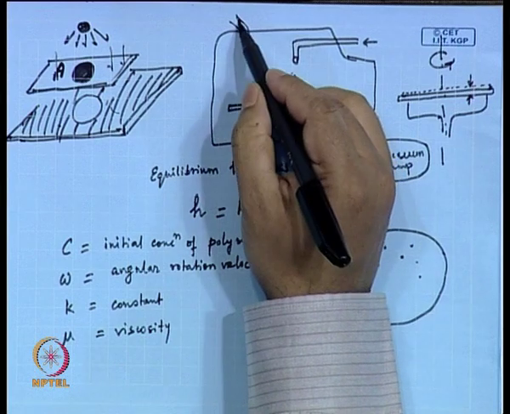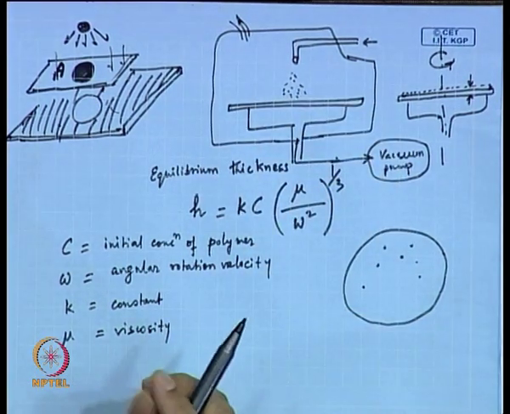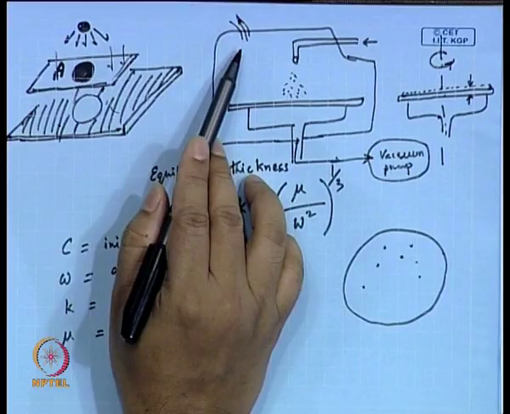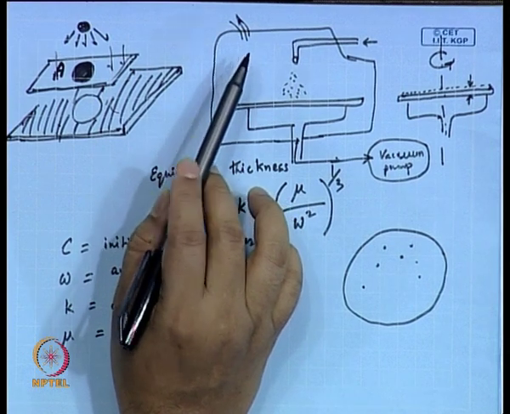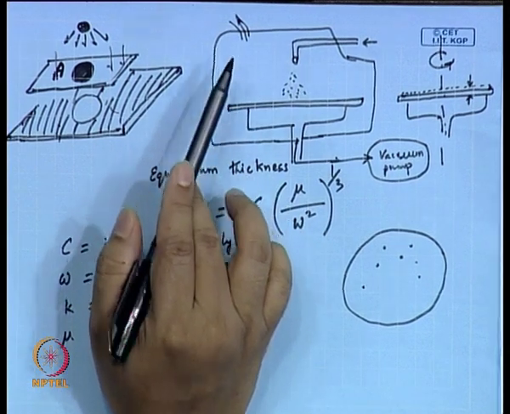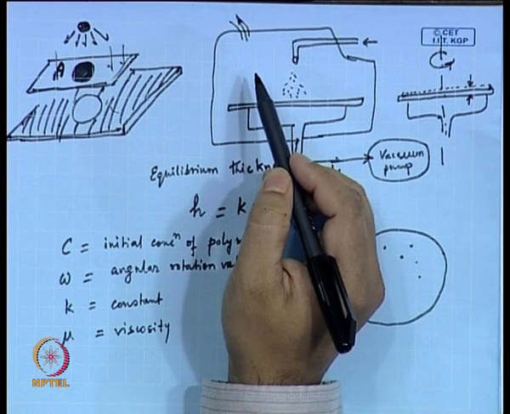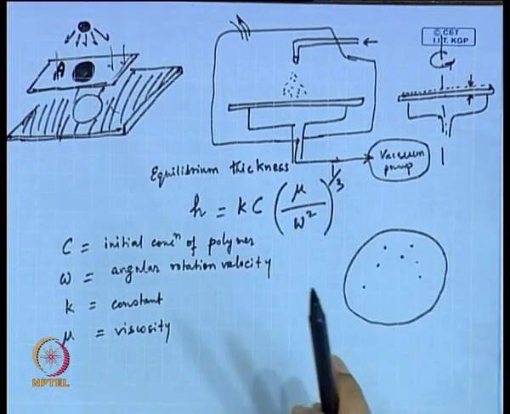It is possible that some people, to ensure that there isn't any bubble formation and that this liquid penetrates all over the surface uniformly, put a little bit of vacuum here as well. So, spin coating under vacuum is also another possibility. So, this is what they are referring to as spin bowl exhaust rate.